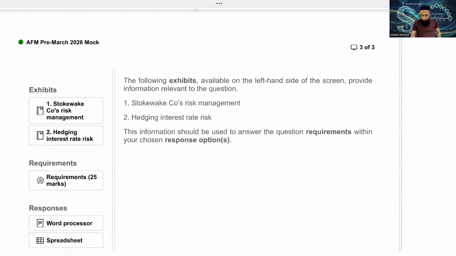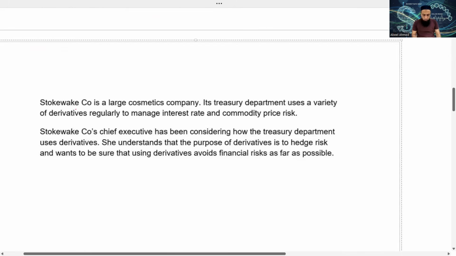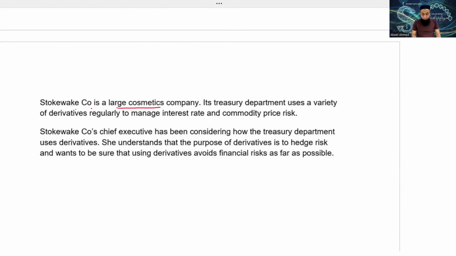The following exhibit available on the left-hand side of the screen provides information relevant to the question. Stoke-Wake Company's risk management, hedging interest rate risk. Let's see. Stoke-Wake Company is a large cosmetic company. Its treasury department uses a variety of derivatives regularly to manage interest rate and commodity price risk.